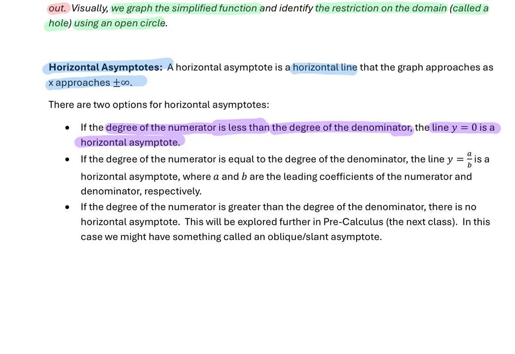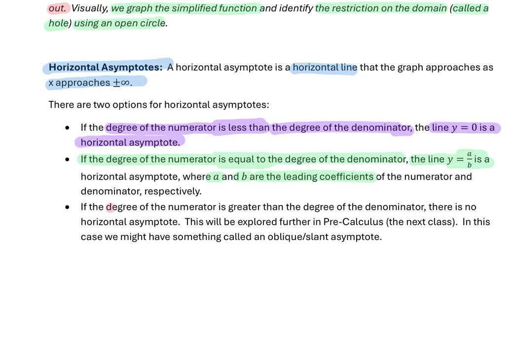Our second option: if the degree of the numerator is equal to the degree of the denominator, then the line y equals a over b is the horizontal asymptote, where a and b are the leading coefficients of the numerator and denominator, respectively. We do have one more case, and we do not discuss it in this course. You'll see it if you take pre-calculus next semester.